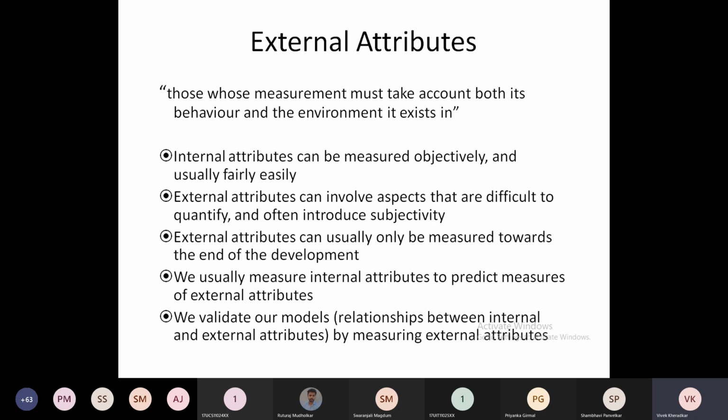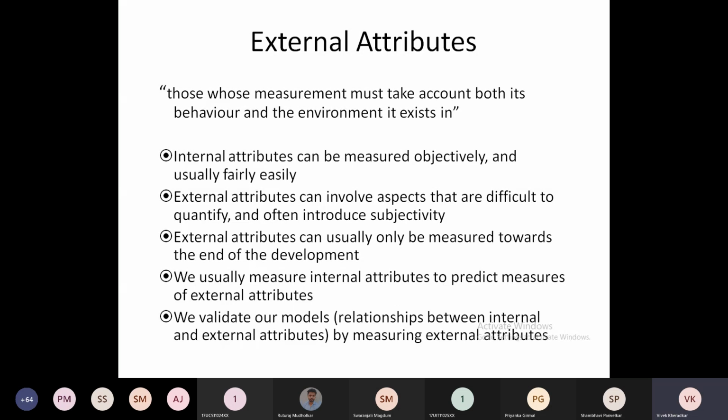External attribute measurement must take into account both the behavior of the product and the environment it exists in. Whenever we measure an external attribute, we have to consider the behavior of the product and also the environment in which we are performing the measurement. These two things are very important.